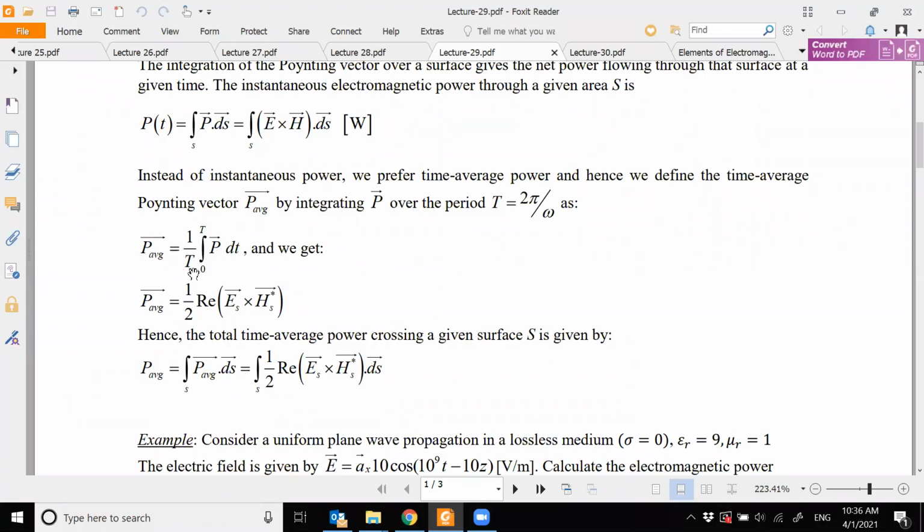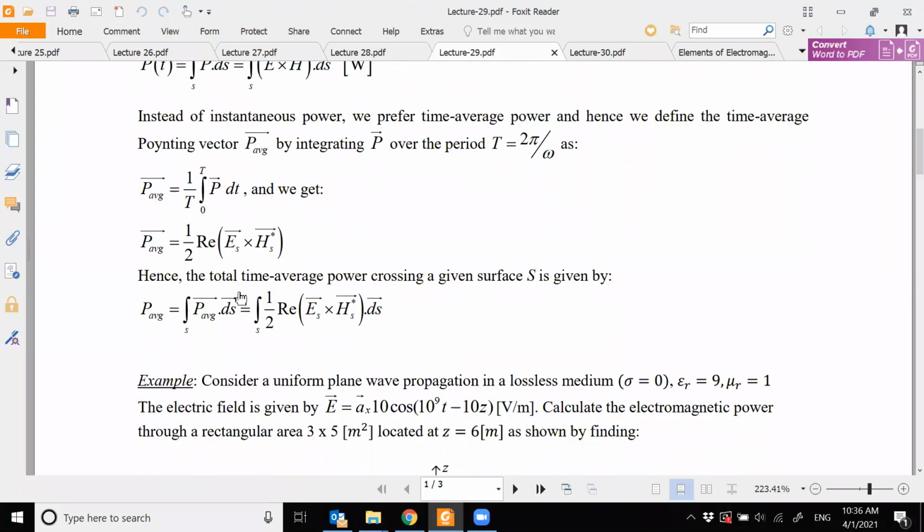So P average is 1 over T integral 0 to T of P bar dt, which, when you do the simplifications, which I'm skipping here, but you can look into your textbook, you will get half times the real part of ES cross HS conjugate.